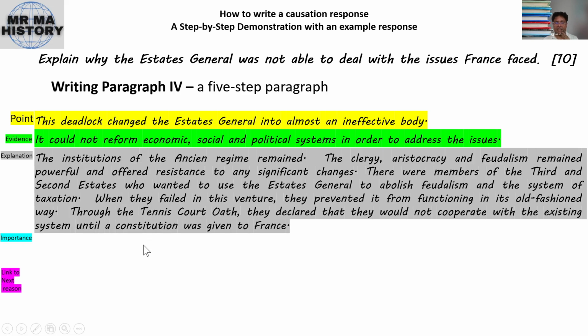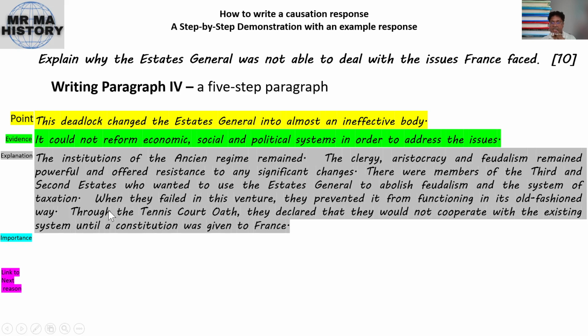is directly addressing the question as to why the Estates General was unable to deal with the issues. Why? Because they prevented it from functioning in its old-fashioned way.